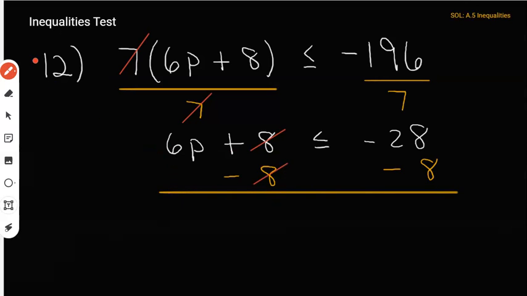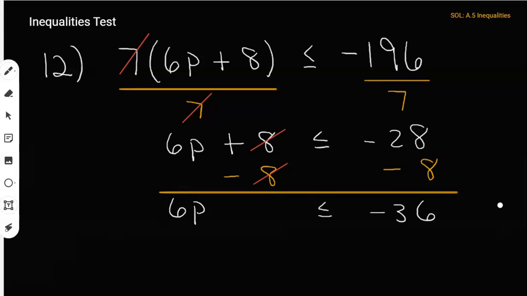And I'm only left with the 6 times p now. So I bring that down. Keep the sign the same, less than or equal to. And then on the other side, once I put these two numbers together by subtracting them, I'm going to have negative 36. So that's what I got at this point.